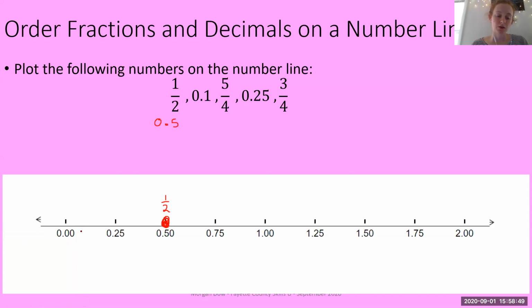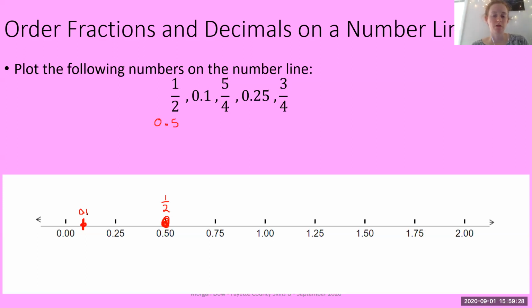If we have 0 and 0.25, where do you think 0.1 belongs? It's going to be somewhere around here, let's say. Not quite halfway to 0.25, a little bit before halfway. So I'm going to put a point here, and I'm going to call this 0.1.